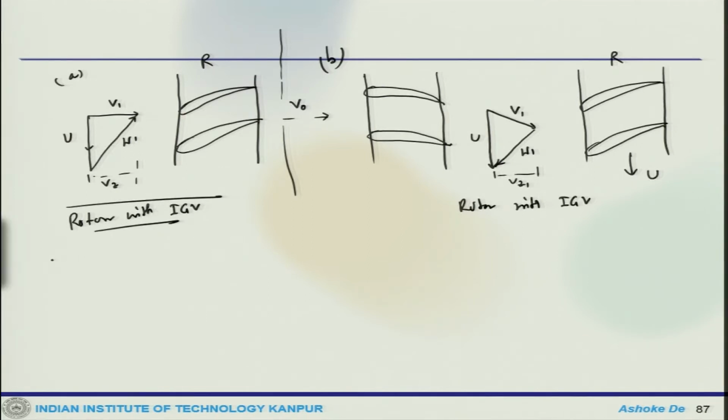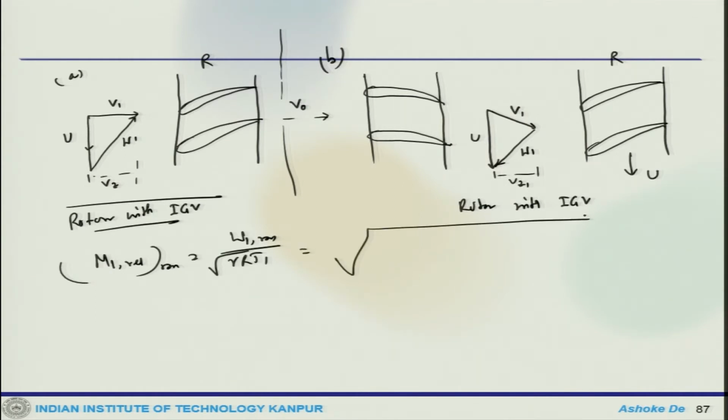Now, the maximum tip Mach number would be W1 max by square root of gamma R T1. So, now one can see this is U minus V1 sin alpha 1 squared plus V1 cos alpha 1 squared, by gamma R T naught 1 minus V1 square by 2 Cp, where alpha 1 is the angle between the absolute velocity and the axial direction.